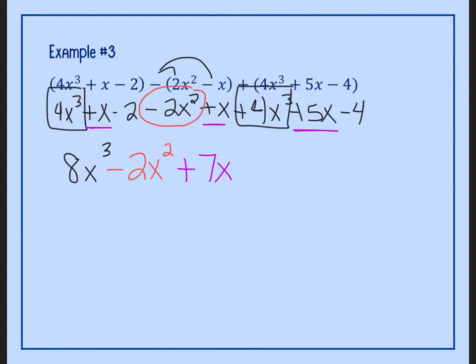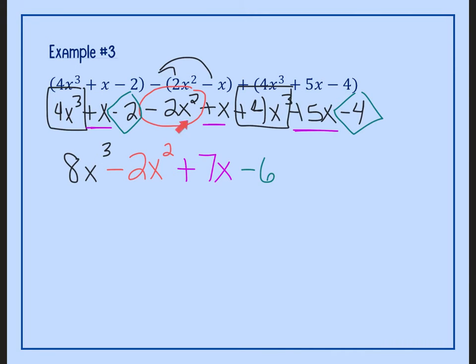And last but not least, I have my constants. So I have a negative 2 minus 4. Negative 2 minus 4 is going to be a negative 6. Some of the questions students will ask was, how do you know if it's a negative or a minus? It's both at the same time.